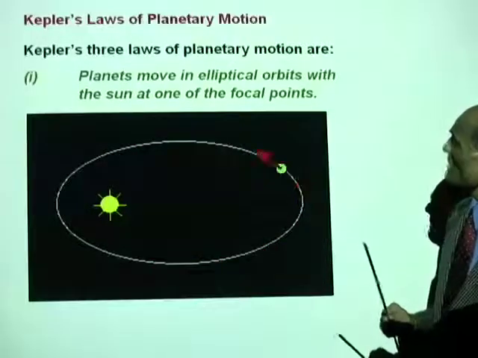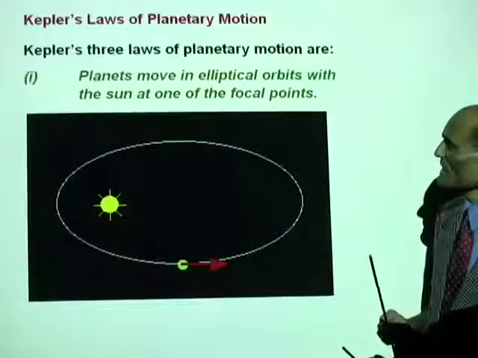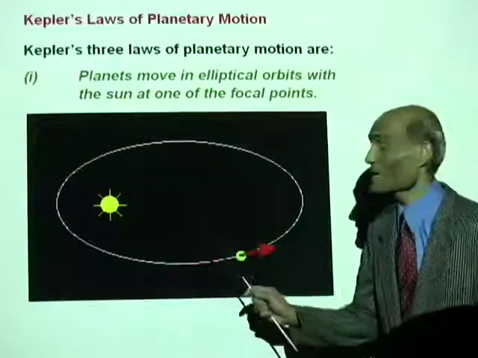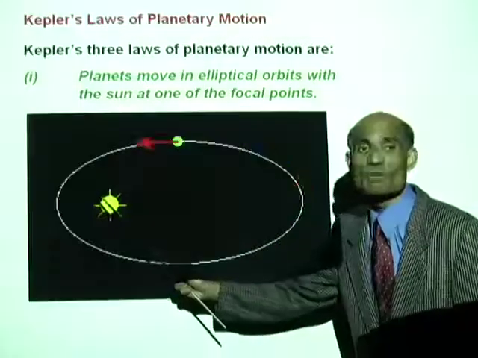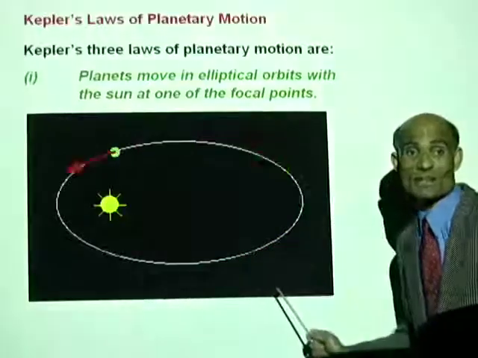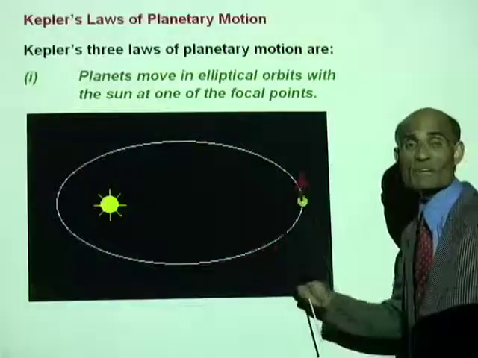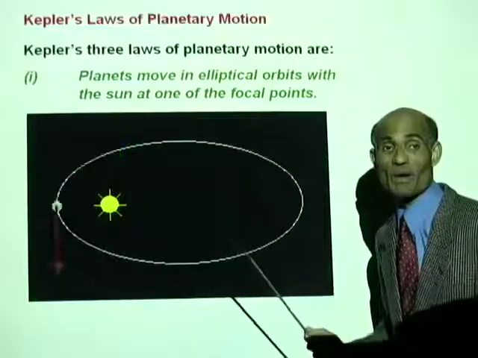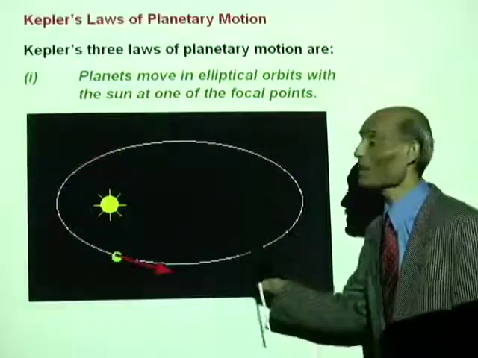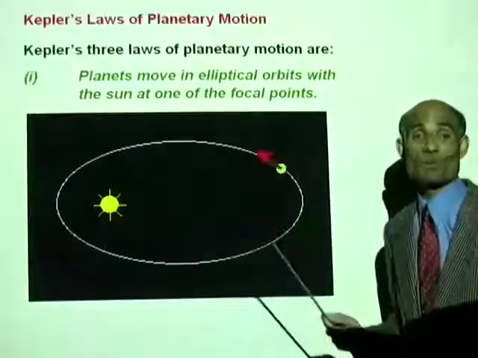Do you notice anything that is significant in the motion of this planet? Do you notice that the planet will move a little faster when it is closer to the sun than when it is farther away? Did you see that? Well, that is a characteristic of the motion of planets along the elliptical orbit.